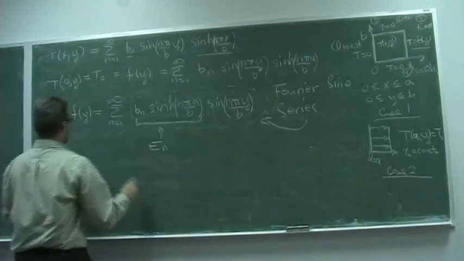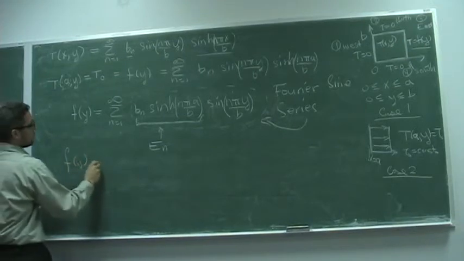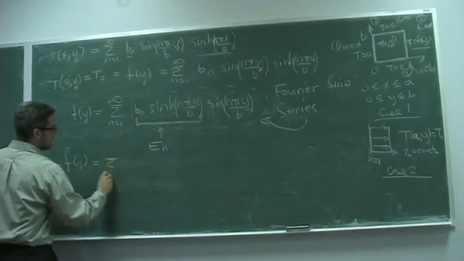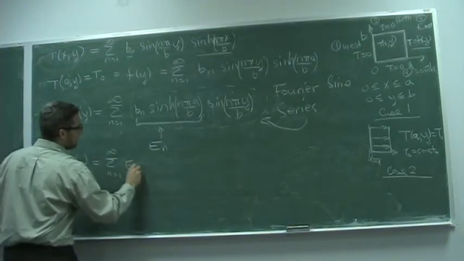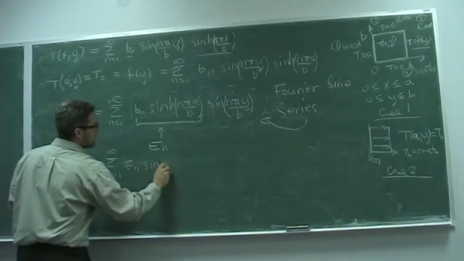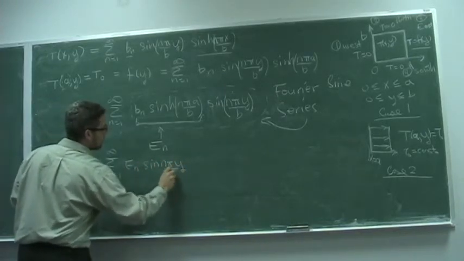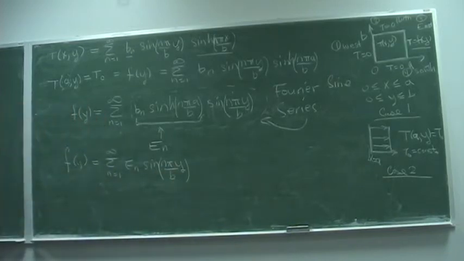Then we're going to have f of y equals the summation n equals 1 to infinity of E sub n times sine n pi y over b. So there's what I've got so far.